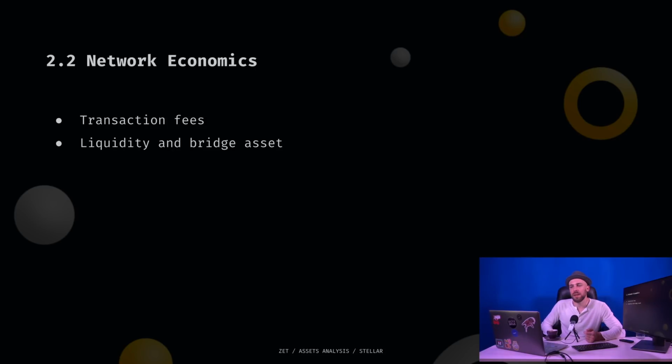This liquidity function must drive the token value along with the adoption of this technology. Pretty much the same as Ripple, which we discussed.